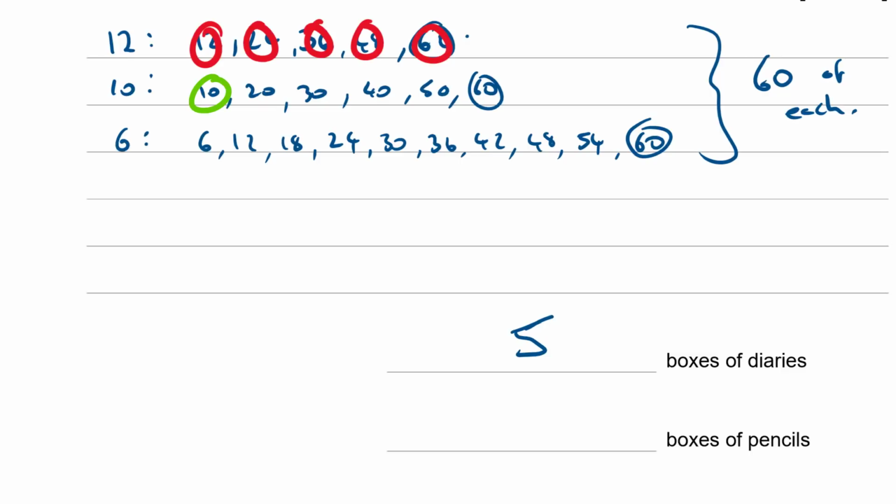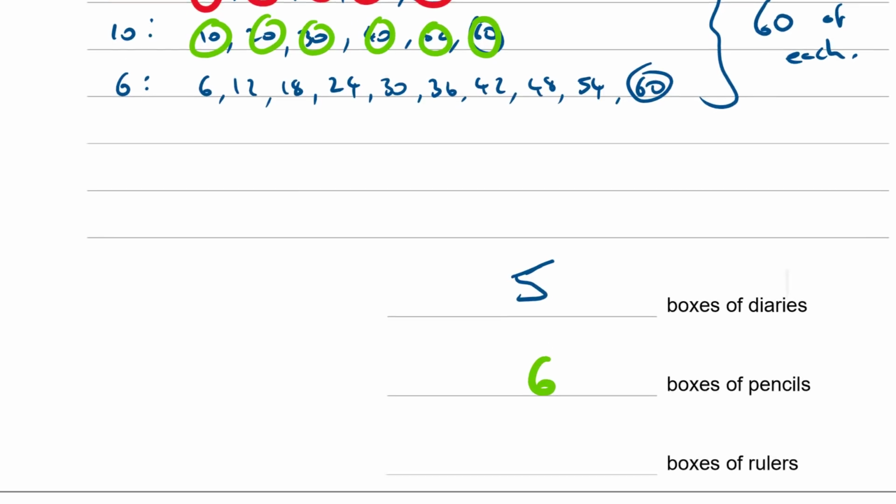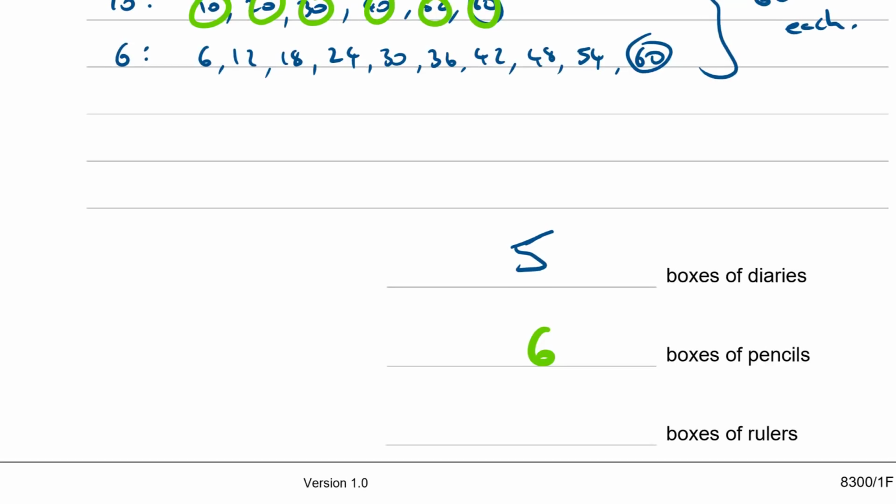I'm going to need 1, 2, 3, 4, 5, 6 of those. So 6 boxes of pencils. And how many rulers? Well, I've got 1, 2, 3, 4, 5, 6, 7, 8, 9, 10 of those. So I need 10 boxes of rulers.